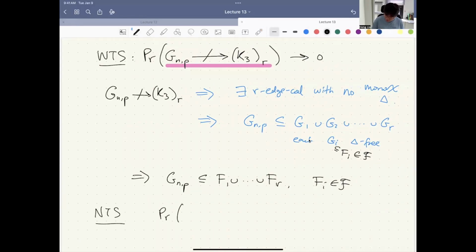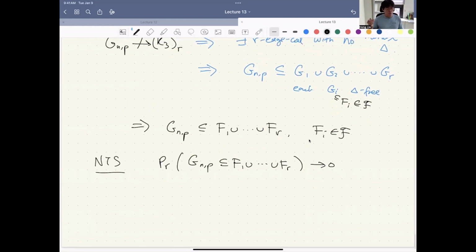Use a union bound over this r-tuple of containers. So this probability is at most, let's use a shorthand notation.